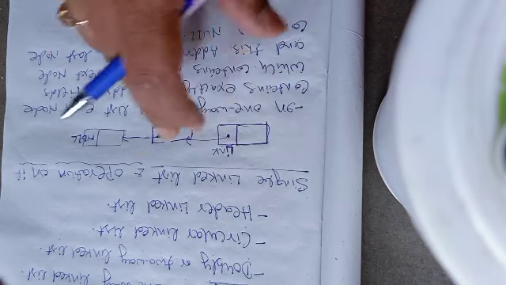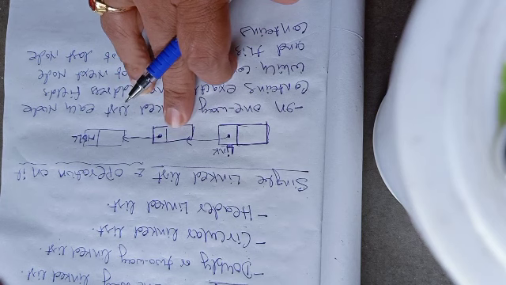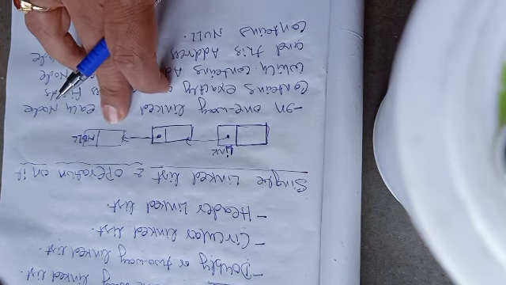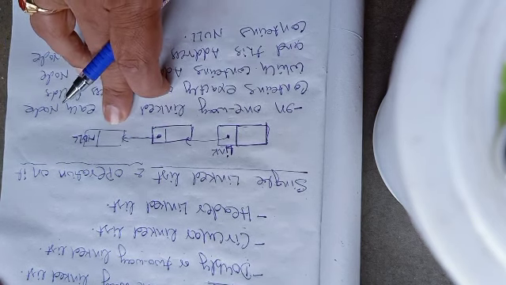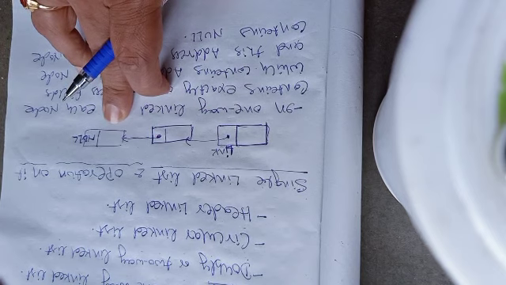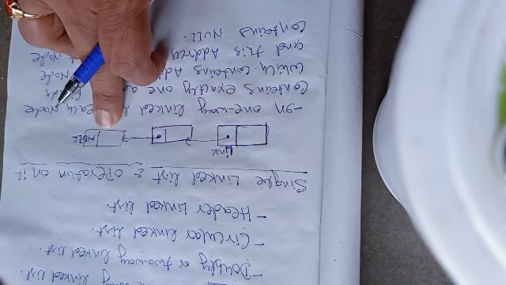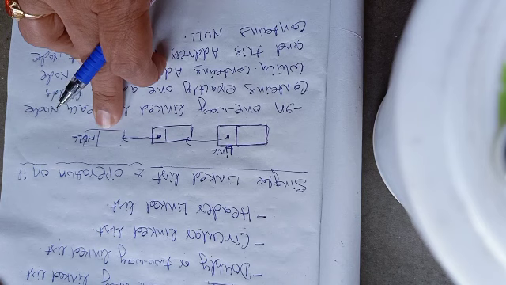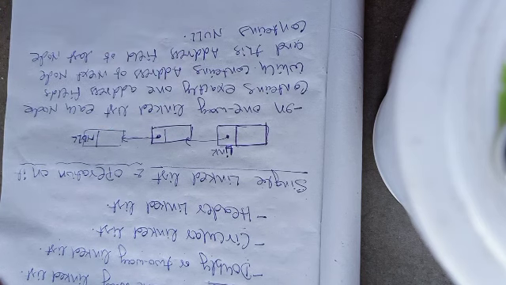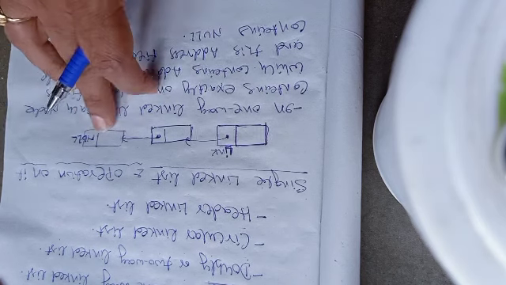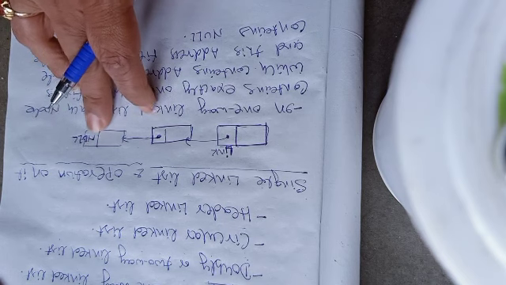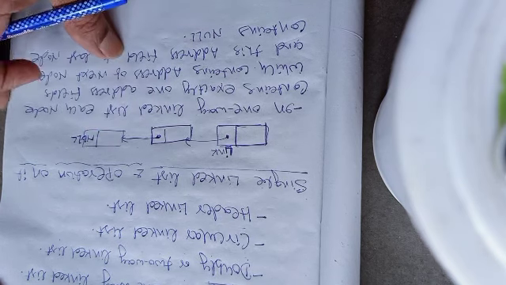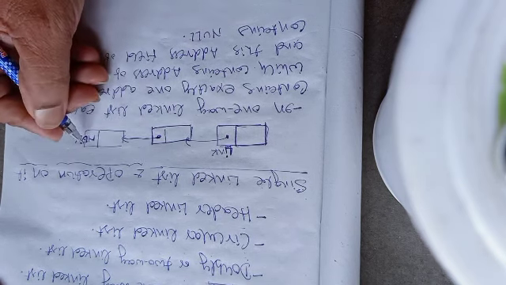From the second node we can get the address of the third node only, and for the last node, the node which does not have any further node, the address field contains a special value known as null value. So this is the last node.